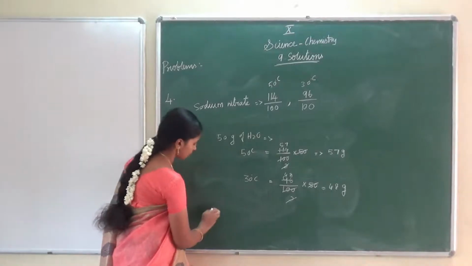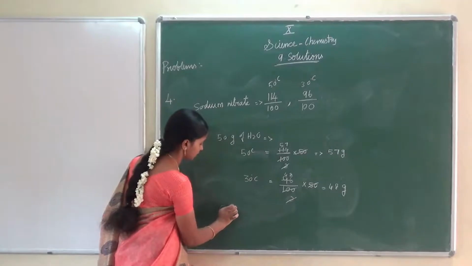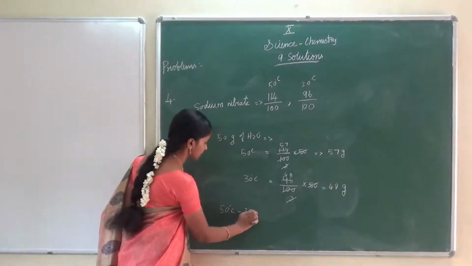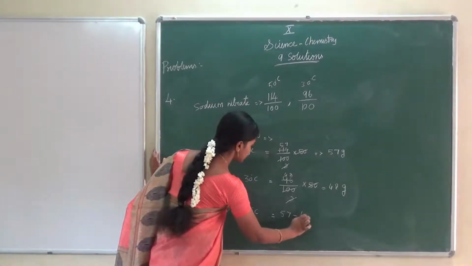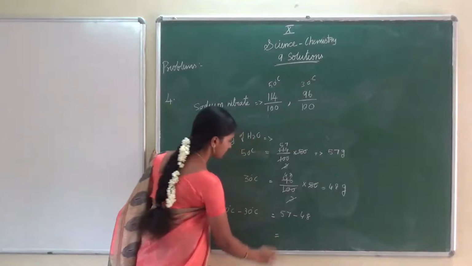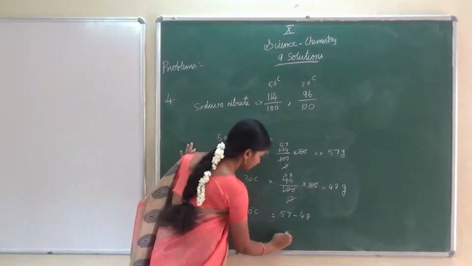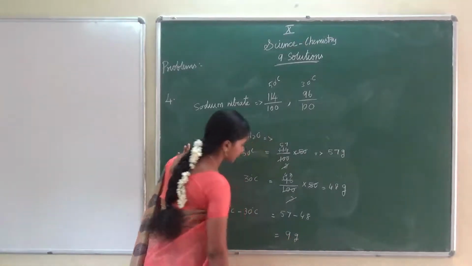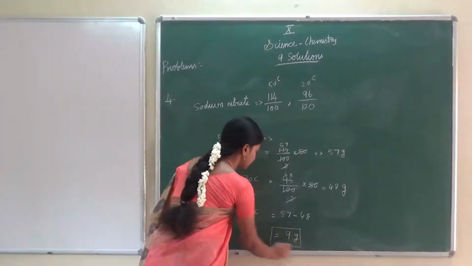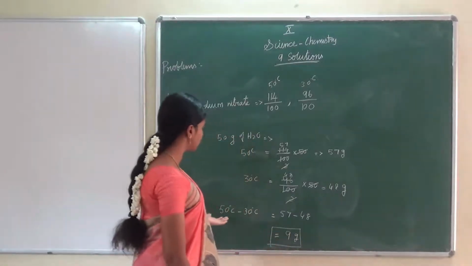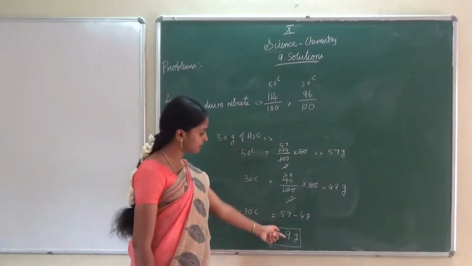So now we have to subtract: 50 degrees Celsius minus 30 degrees Celsius, you will get 57 minus 48. So here you will get 9. Okay, so 9 gram. So how much sodium nitrate will be thrown out when it is cooled from 50 degrees Celsius to 30 degrees Celsius? It is 9 gram.